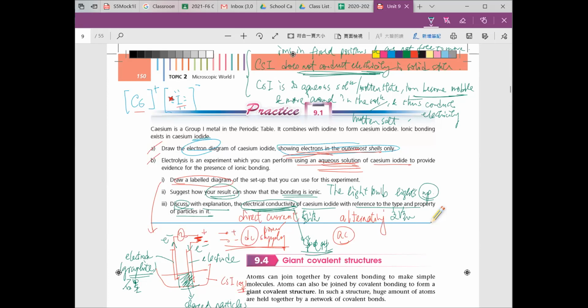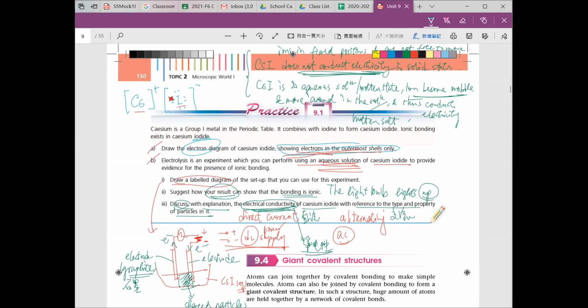You have to state clearly under what situation it will not conduct electricity, and give the reason, in order to make the whole answer complete.